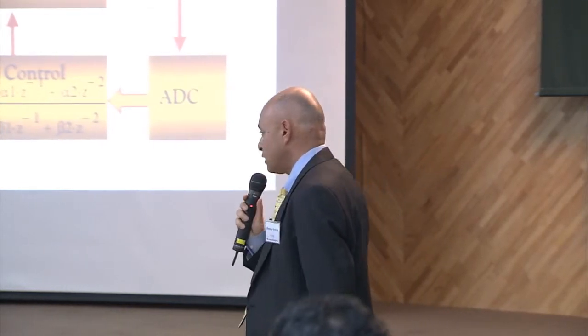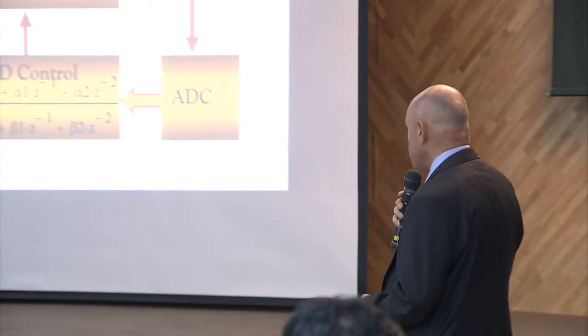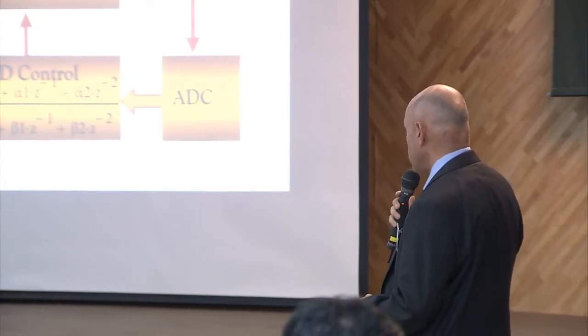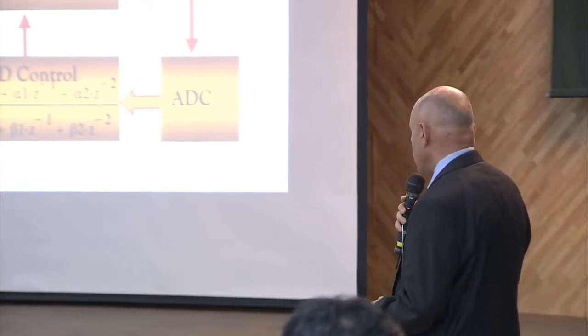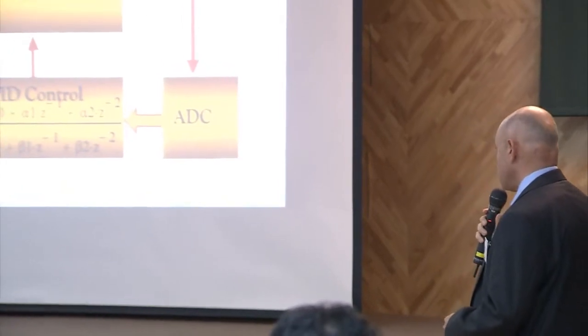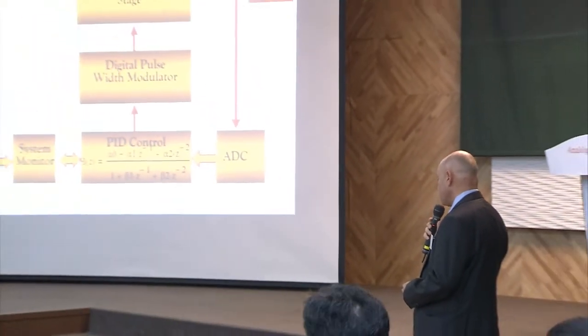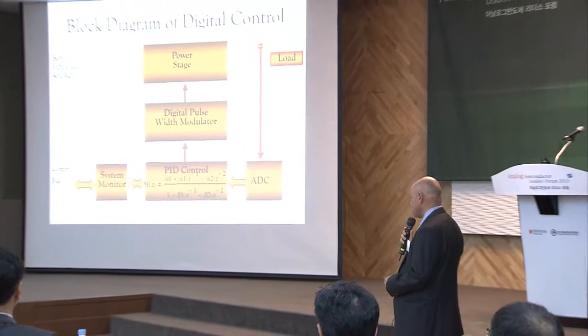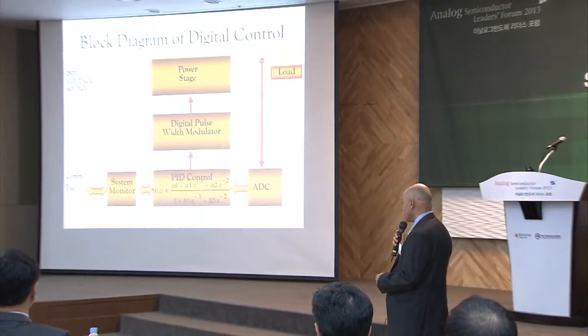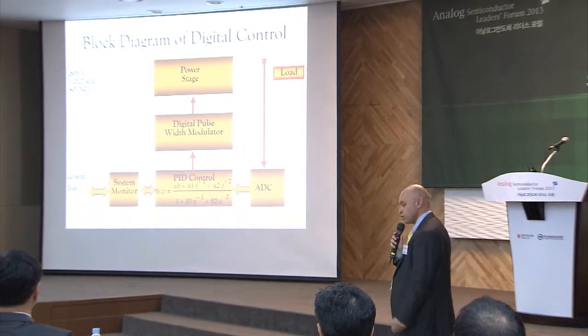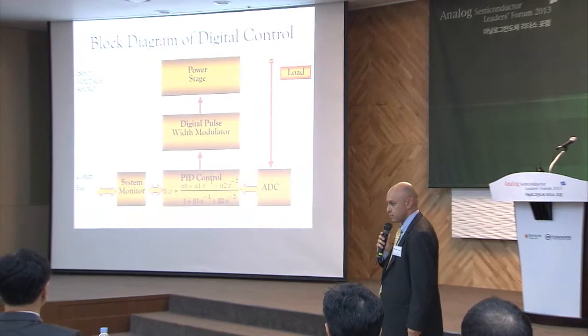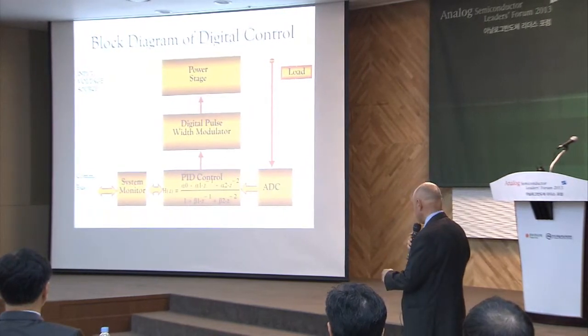So let's take a look at a block diagram of such a system. In this case, we have an input voltage which goes through a power stage, which powers the load. Now the output rail goes into an analog to digital component, which then goes into a PID control loop, which controls a digital pulse width modulator, which then controls the power stage, and that's how the feedback is closed around the loop.